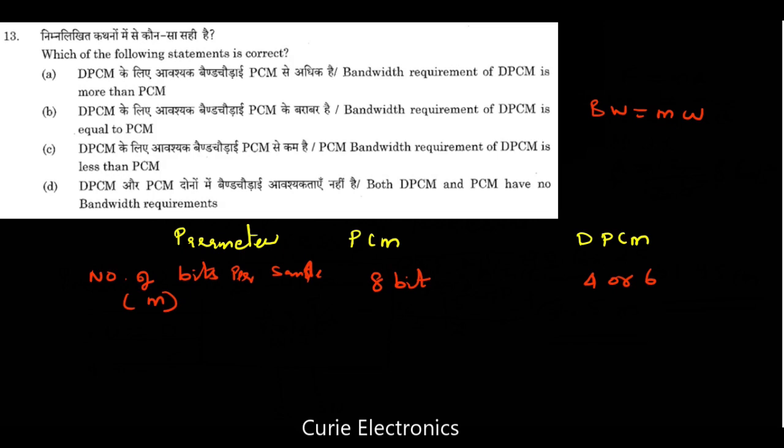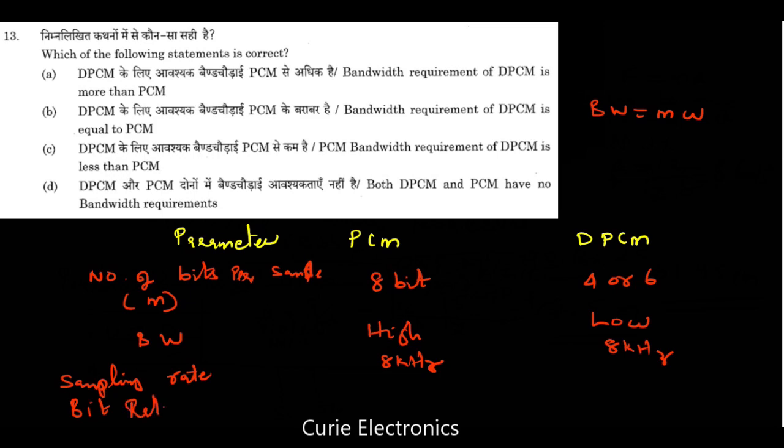Then the second one is the bandwidth. Bandwidth is proportional to MW. In PCM, M is higher, that is 8, so bandwidth is high; in DPCM it is low. There is also the sampling rate. The sampling rate of both is 8 kilohertz. And finally, bit rate, represented by RB.